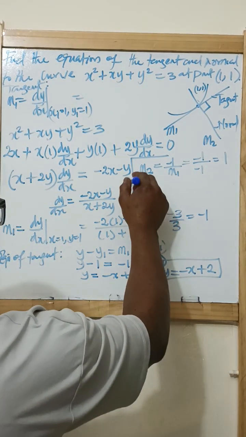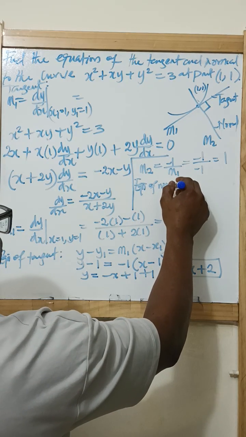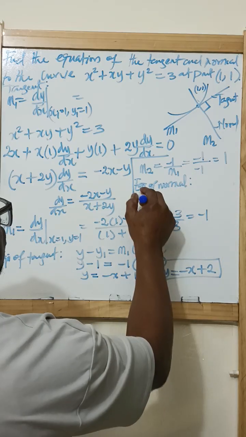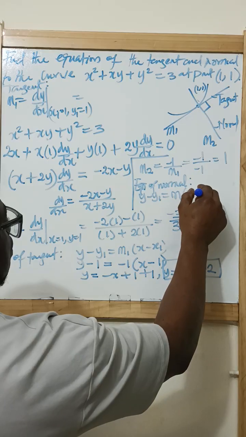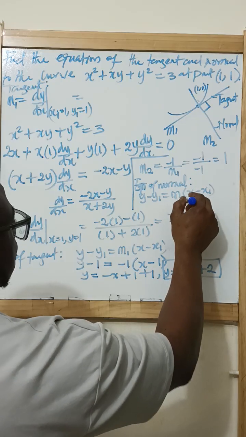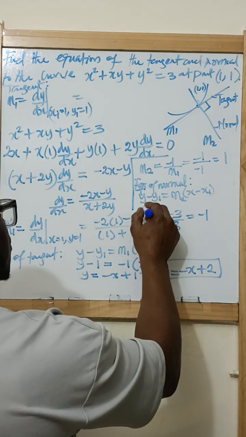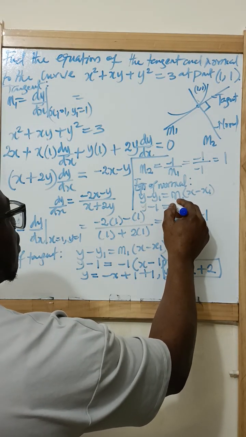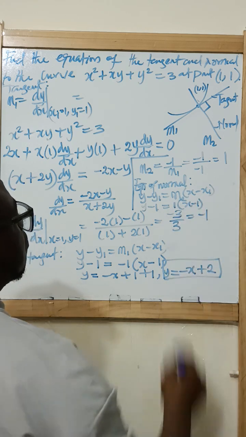So what's the equation of the normal? That will be y minus y1 equals m into x minus x1, so m2 this time around. So y minus 1 equals m2, which is 1, into x minus 1.